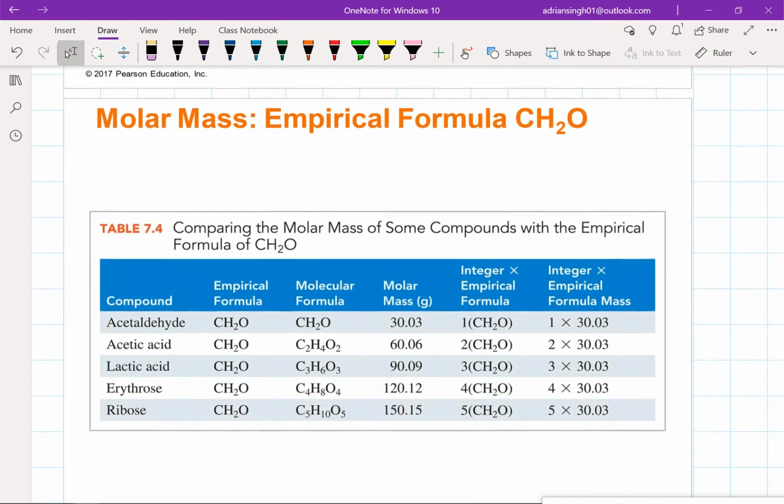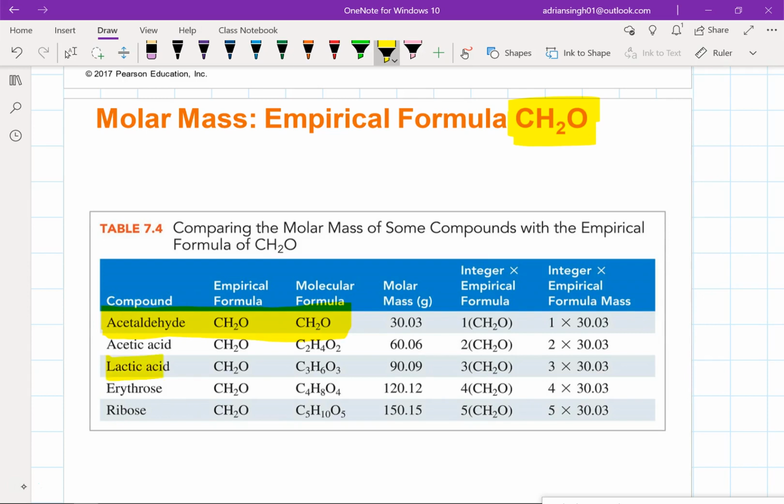If we have a simple, smallest whole number ratio, or an empirical formula, for a compound made up of carbon, hydrogen, and oxygen, such as CH2O, there's no smaller whole number ratio you can get for that compound. That empirical formula can actually represent several different substances. For example, CH2O is the empirical formula for acetaldehyde, but it's also the actual molecular formula for acetaldehyde.